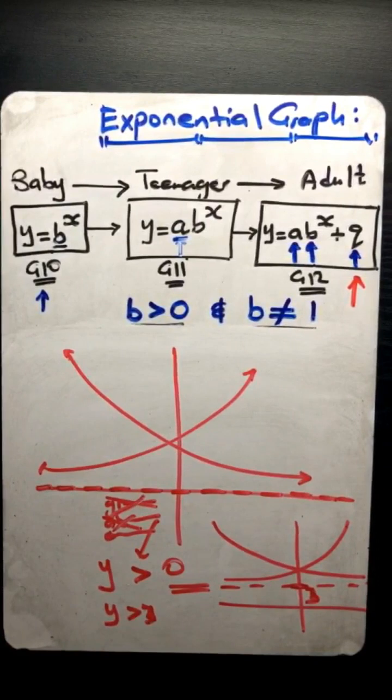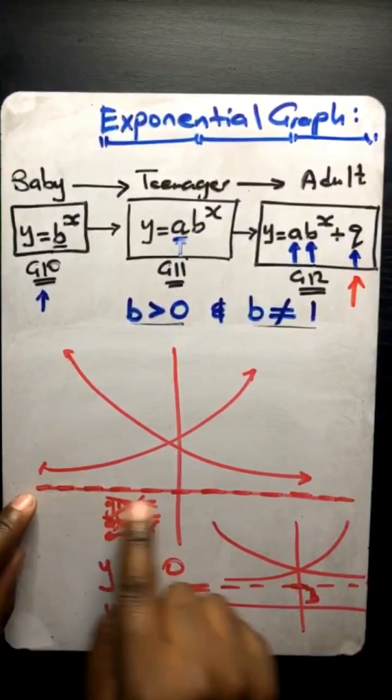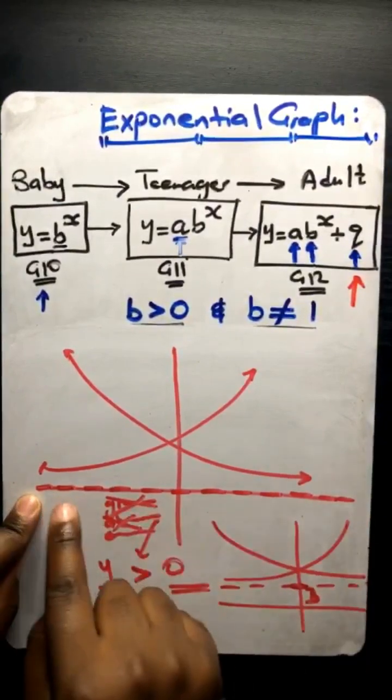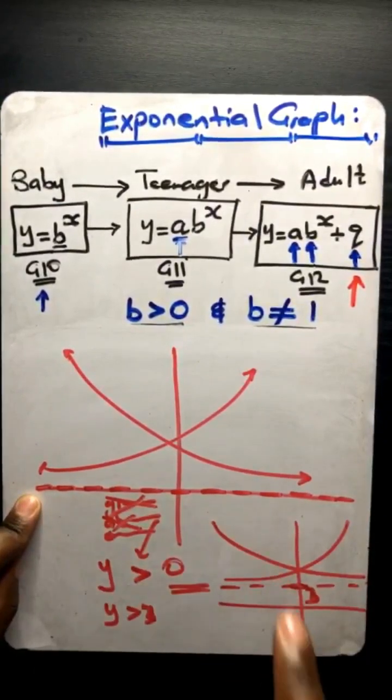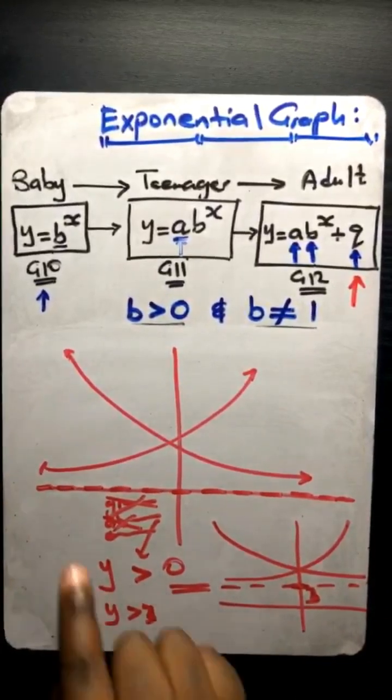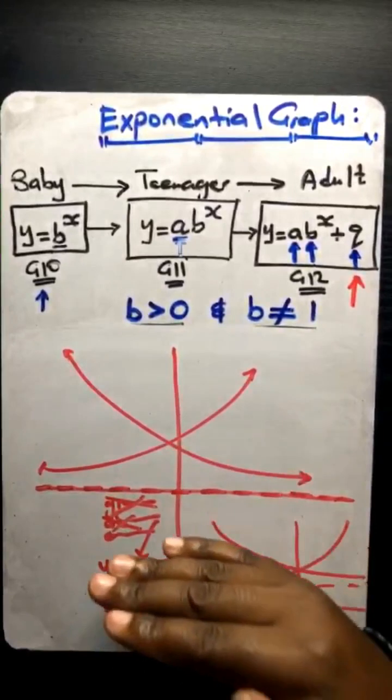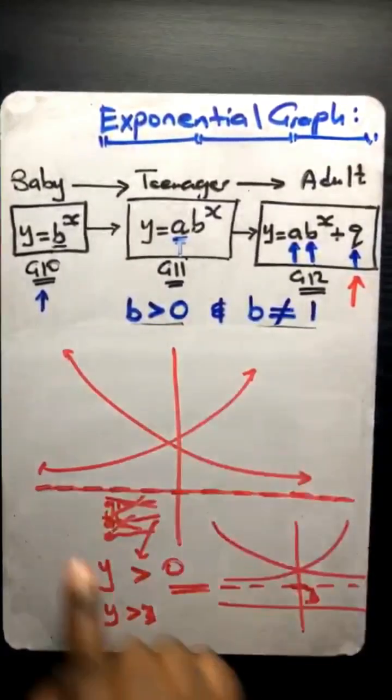But one thing for sure, for now, know that the value of your asymptote is the value for your range, meaning your function ranges above your equation of asymptote.